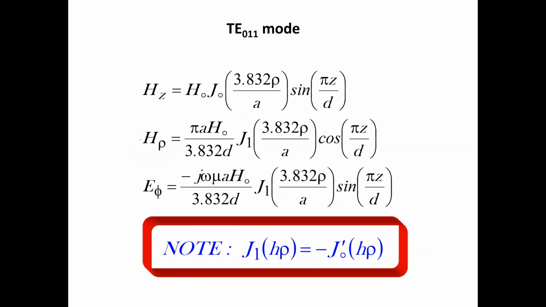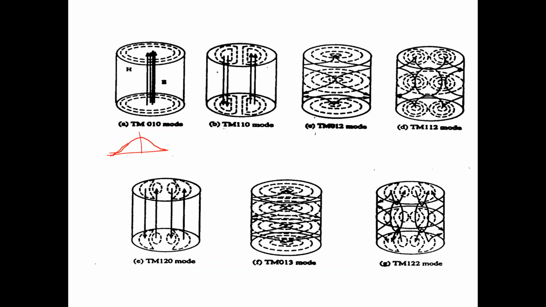It was maximum in the center, and as you went away from the center, at the radial point, it went to zero. But this zero is telling you that there is absolutely no variation happening in the z direction. So the field is uniform in the z direction.